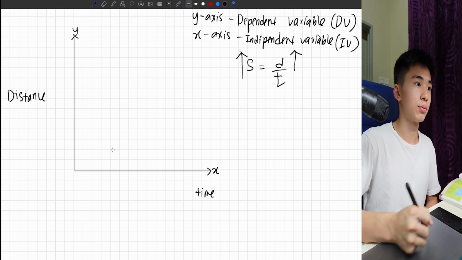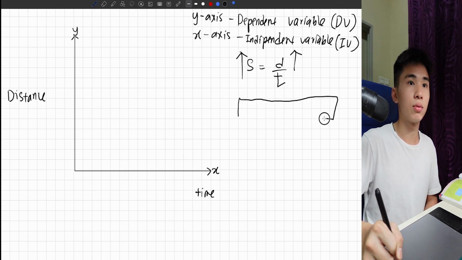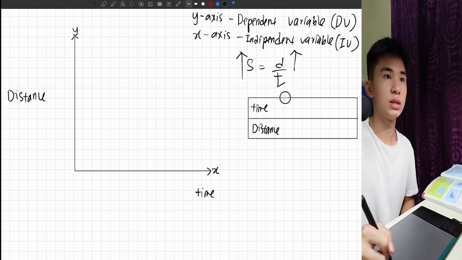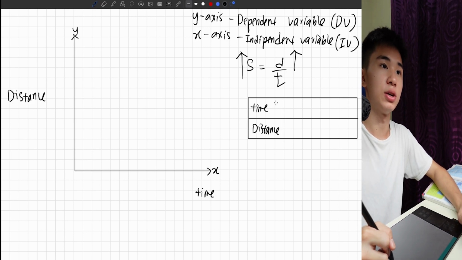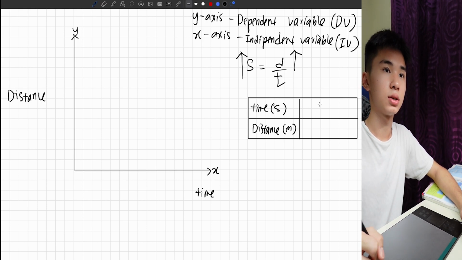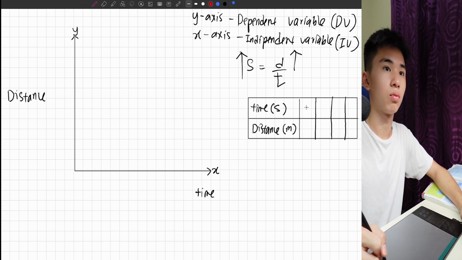Let me just draw a table so that we could plot it, and I could tell you the characteristics of this graph. This will be our table. My time is going to be in seconds, which is s, and the distance I will put in meters. So I will put a lot of lines here. 1 second, 2 seconds, 3 seconds, and 4 seconds.